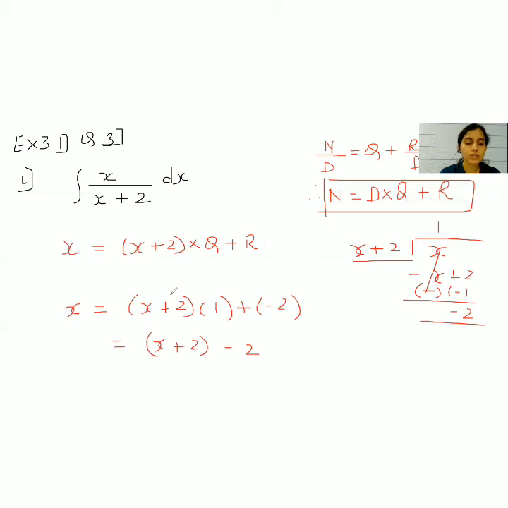Clear? So it is x upon x plus 2. Now, instead of the numerator x, I'm going to put x plus 2 minus 2 over there. So we can say that integration of x, instead of x, we are going to put x plus 2 minus 2, and denominator, I'm going to write as it is, dx.